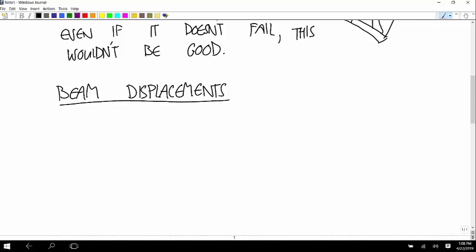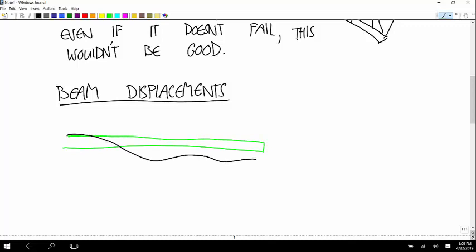Let's say this is the original shape of the beam, and after the deformation it's in that position.